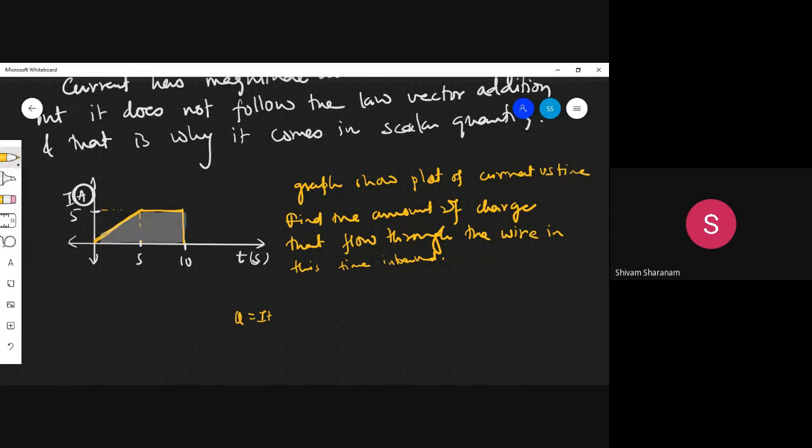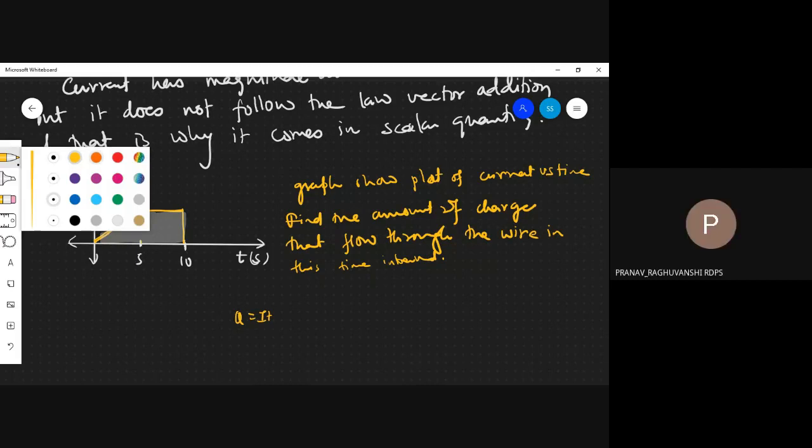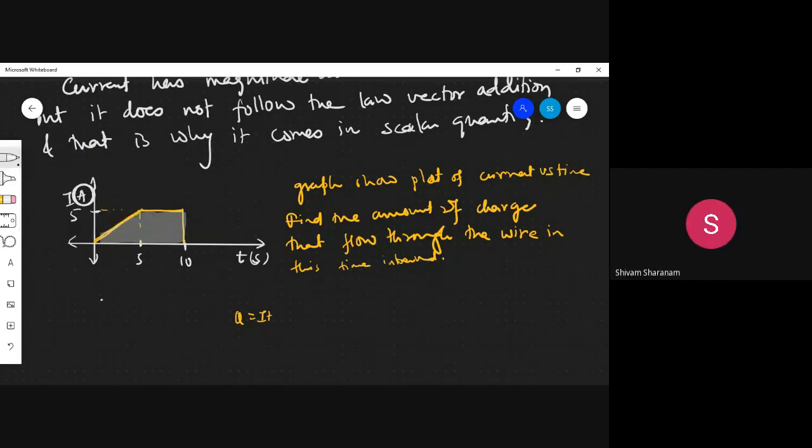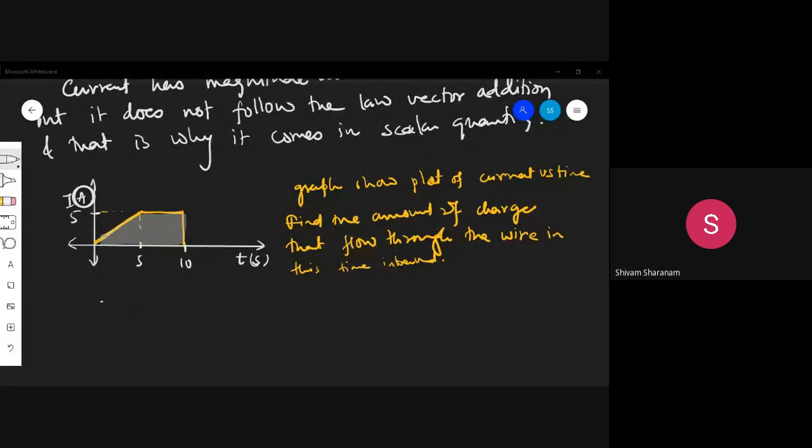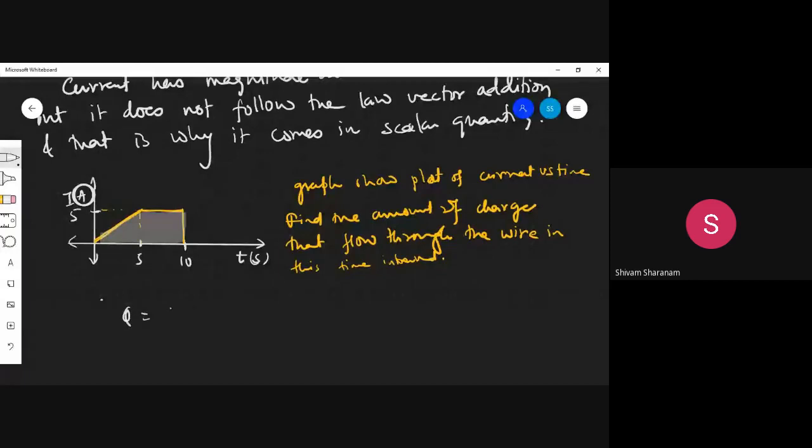How much charge will flow? 37.5 coulomb. Yeah, put it down. So Q is equal to the area under the graph, that means the area of the trapezium, that means half the sum of parallel sides. Parallel sides will be 5 plus 10, into the perpendicular distance, 5.